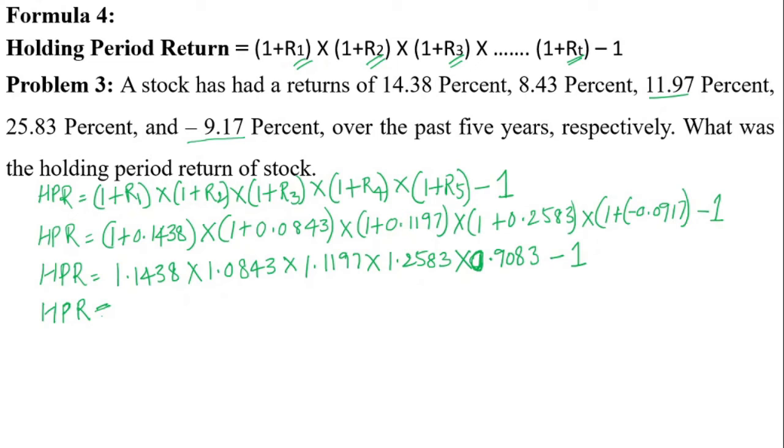Now we have to multiply all the returns for the 5 years, and afterwards deduct the 1 from the value.